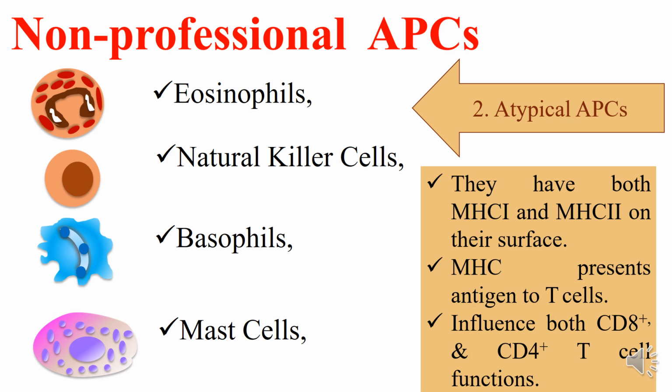They have both MHC1 and MHC2 molecules on their surface. The function of MHC is to present antigens to the T cells. These MHC classes influence both CD8 plus and CD4 plus T cell functions. So this was about the non-professional antigen presenting cells.